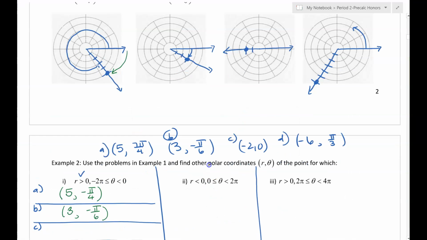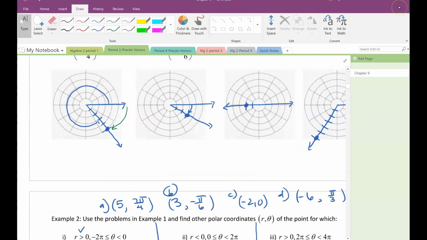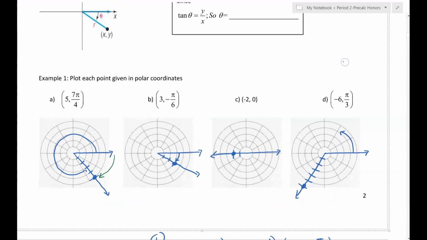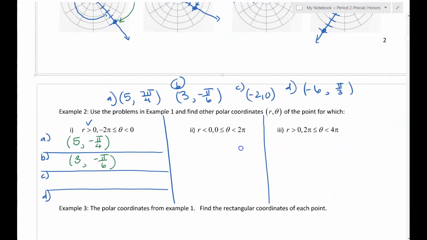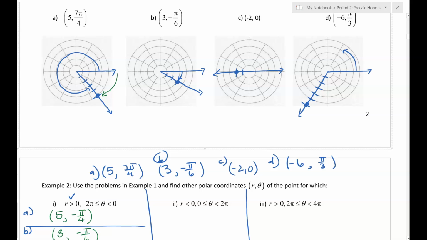So now that we have those, let me get the green pen again. All right, let's move on to, okay, now C was negative 2, so that was a negative radius. And remember, example 2, 1i wants us to have a positive radius and a negative angle. Now we do want to get to this dot over here. So for us to get a negative angle, we will go a negative pi.